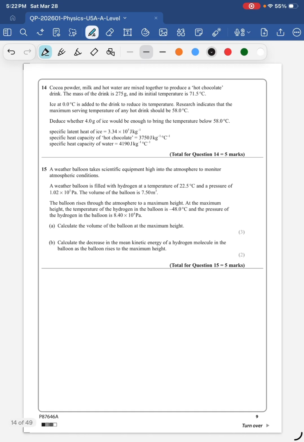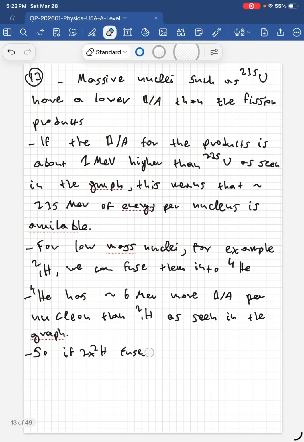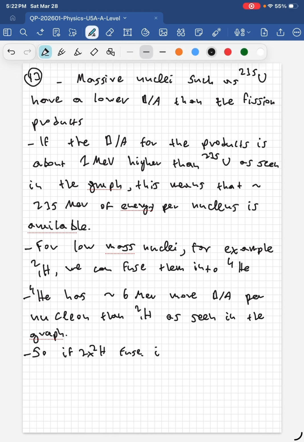So if 2 times 2 nuclei of hydrogen-2 fuse into helium-4, we will get 24 MeV per fusion.